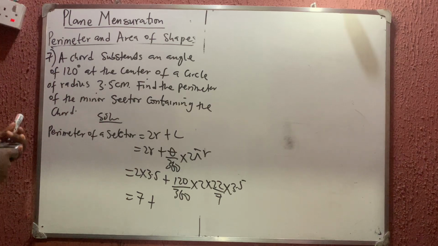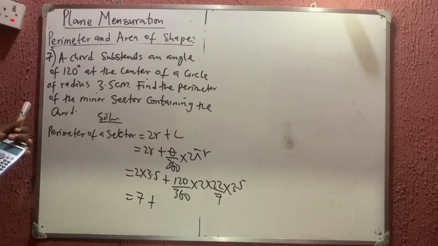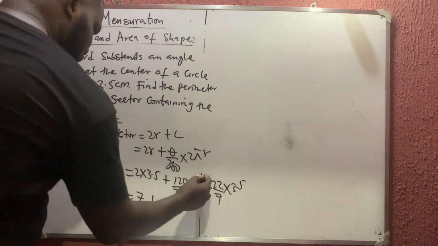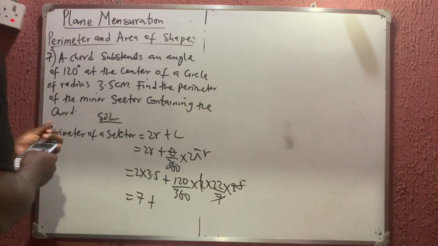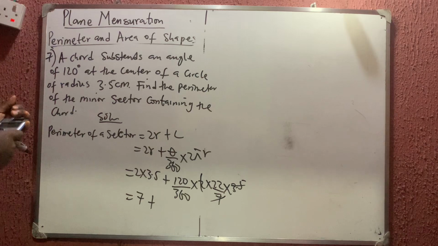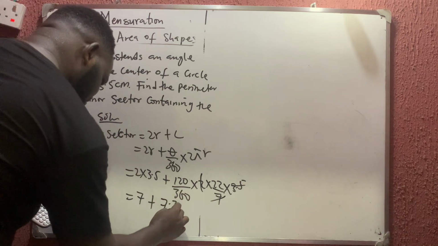3.5 times 2 is 7, so this 2 is taking care of 7. So I'm left with 120 times 22 divided by 360, which gives me 7.33.